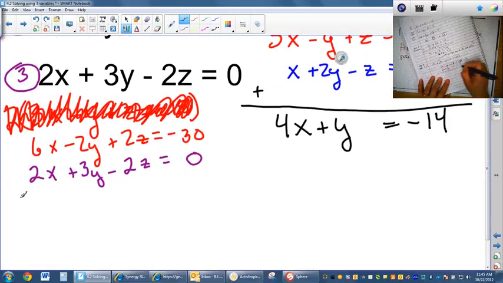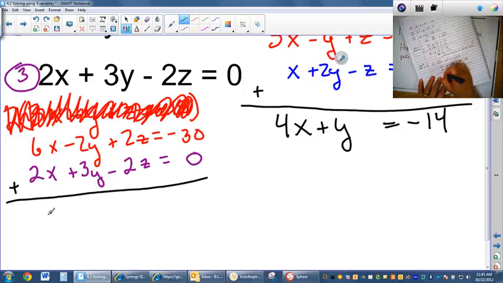Once again, I just want to combine these two. 6x plus 2x is 8x. Negative 2y plus 3y is plus y. Positive 2z minus 2z is 0. And negative 30 plus 0 equals negative.